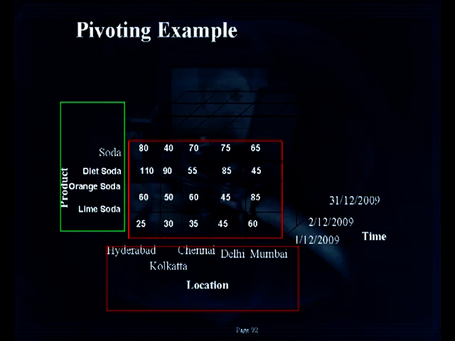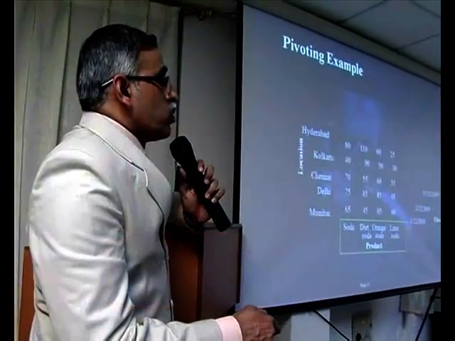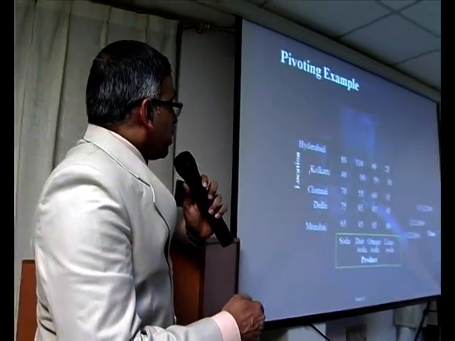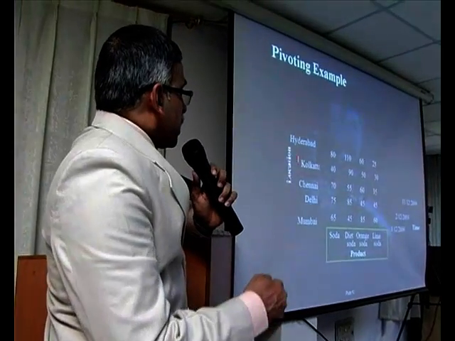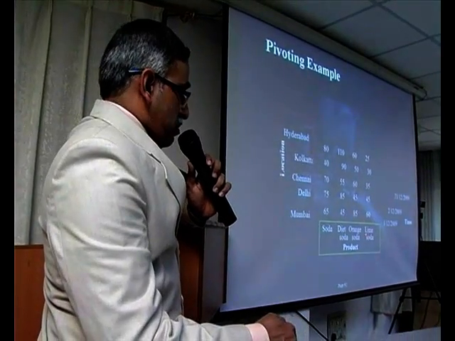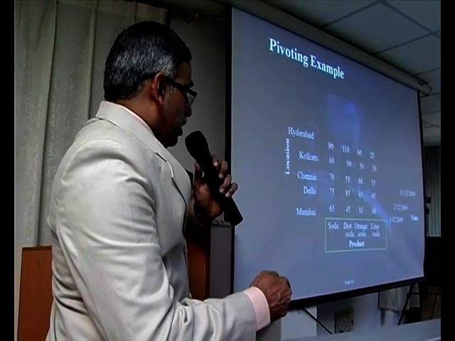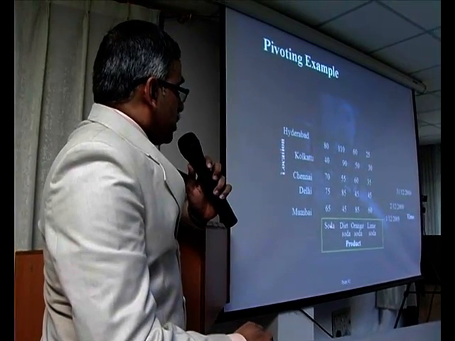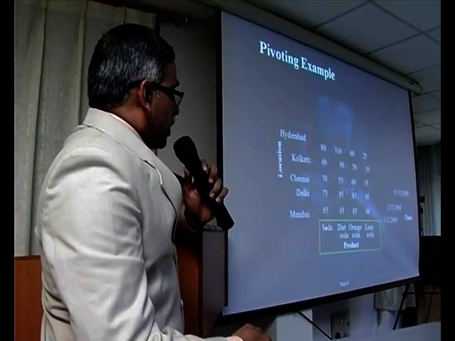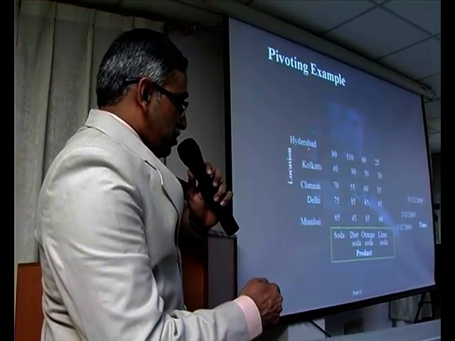Whenever we swap, if you observe, this is a 2-dimensional representation for 1/12/2009, over various locations on different products. For example, 80 is the total sales of the product soda in Hyderabad.